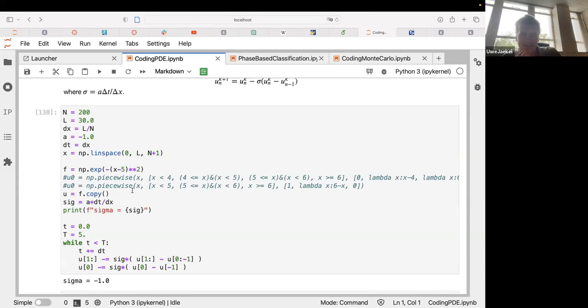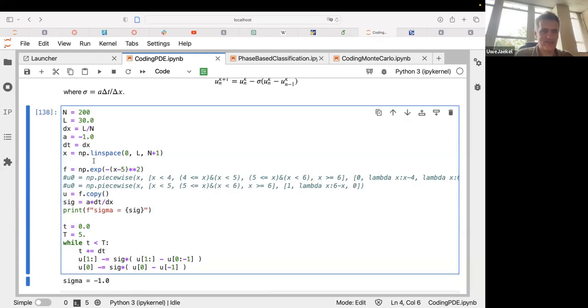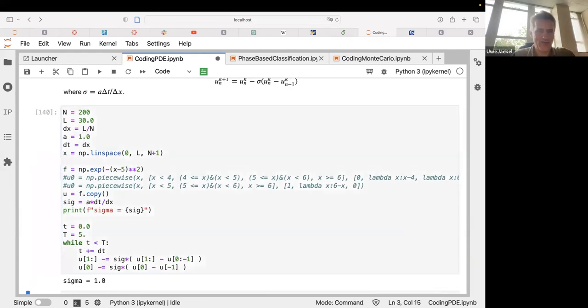But let's not go into details too much here. So keep in mind that you have to take into account this transport.